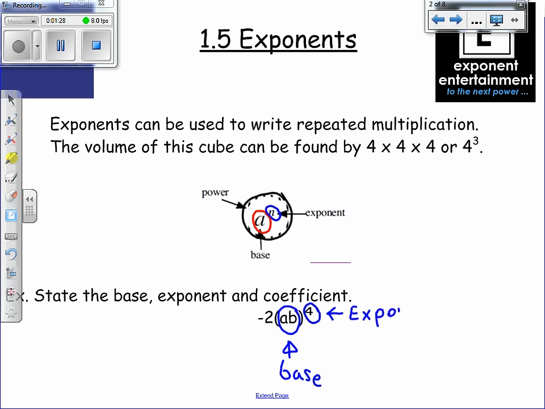Now it also says you need to name the coefficient, so that's just a review. The coefficient is anything that's multiplied on the outside of something. So right here, our coefficient is -2. Something important to note about the coefficient is that it does not get affected by the exponent of 4.